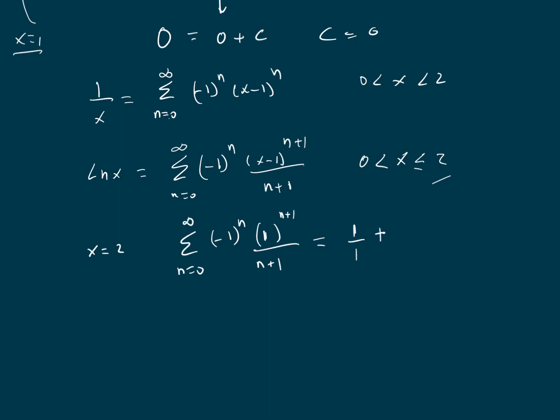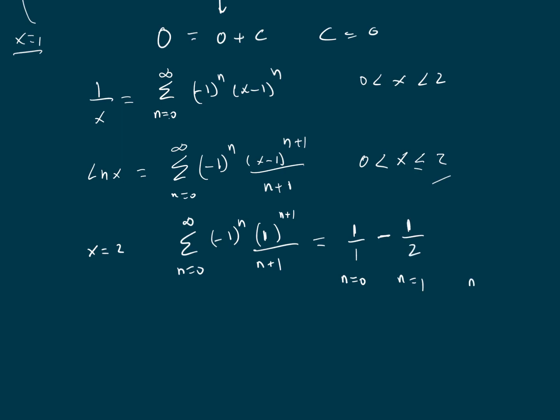Plus, when n equals 1, 1 squared is 1, and it appears with a minus, because of the minus 1 to the n, so minus 1 half.